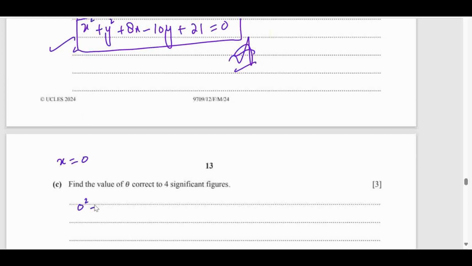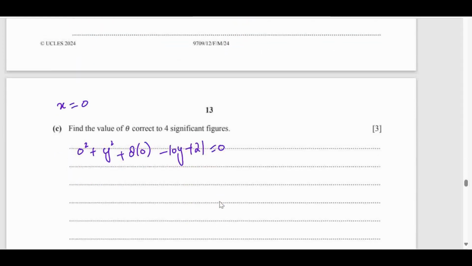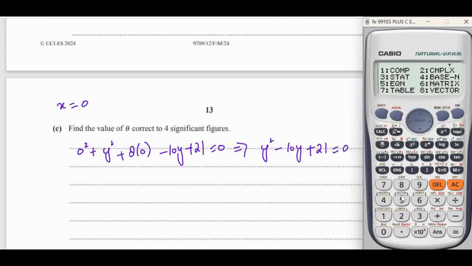So put it in the equation of the circle: 0 square plus y square plus 8 into 0 minus 10y plus 21 is equal to 0. From here we get y square minus 10y plus 21 is equal to 0. Now a is 1, b is minus 10, and c is 21.